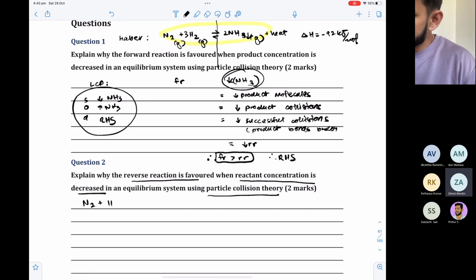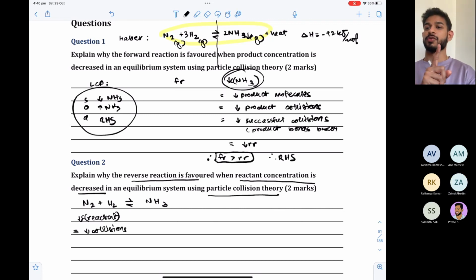So when the reactant concentration decreases, Le Chatelier's principle predicts that the particle collisions in the reactants decrease. So to partially counteract that imposed change, or... Pause for a moment. The second you mention partially counteract the imposed change, you're talking about LCP. You're not explaining it through particle collision theory. Did you see how here?